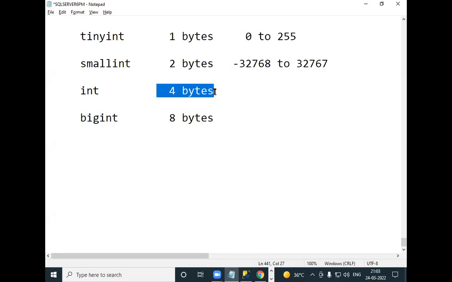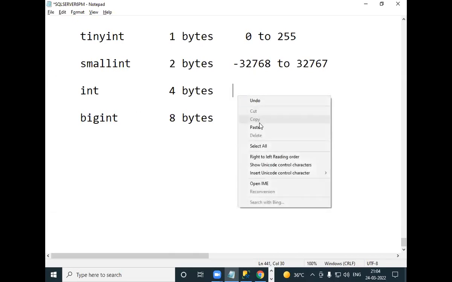In 32 bits, the first bit is reserved for sign, plus or minus. So how many are left? 31 bits. So what is the range of integer?